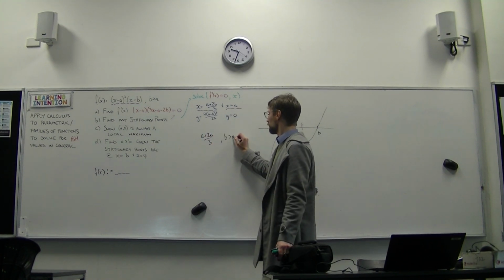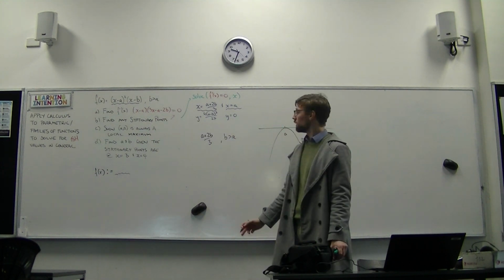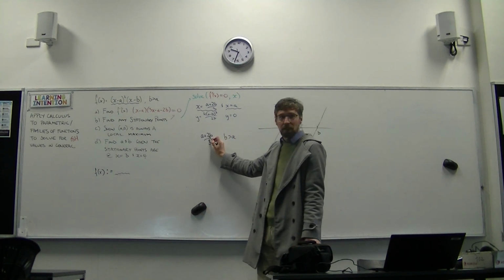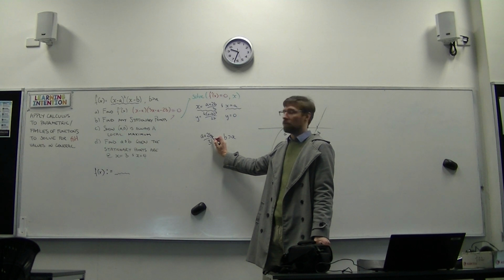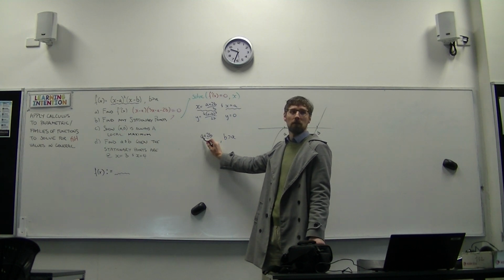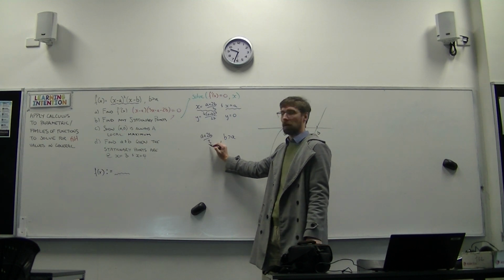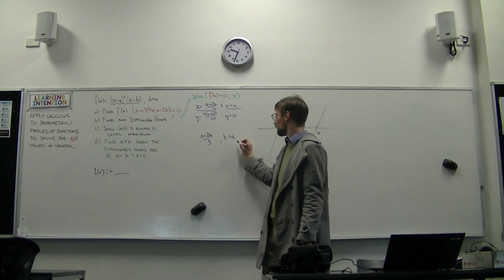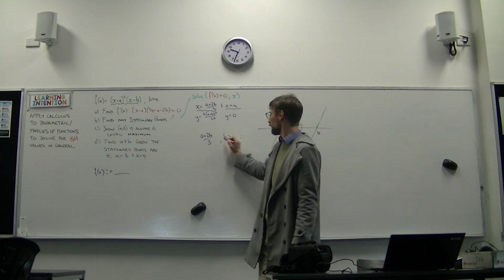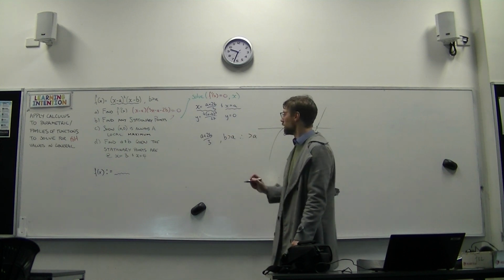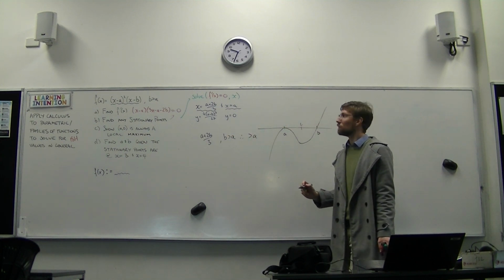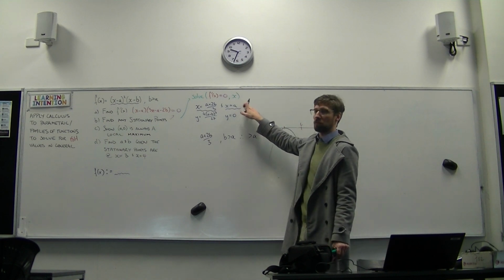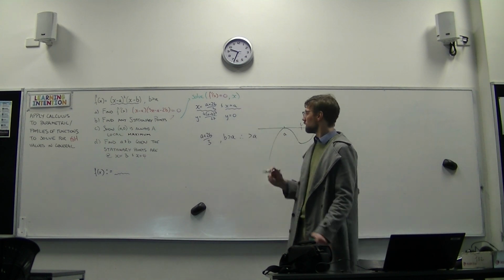We know that B is bigger than A from way back at the start. Therefore, this has to be bigger than 2A. 2A plus 1A, 3A. 3A divided by 3, A. But this had to be bigger than that, so it has to be bigger than A. So, therefore, all of this has to be bigger than A. Cool. Well, this one's A, so this must be the smaller one. Cool, okay.